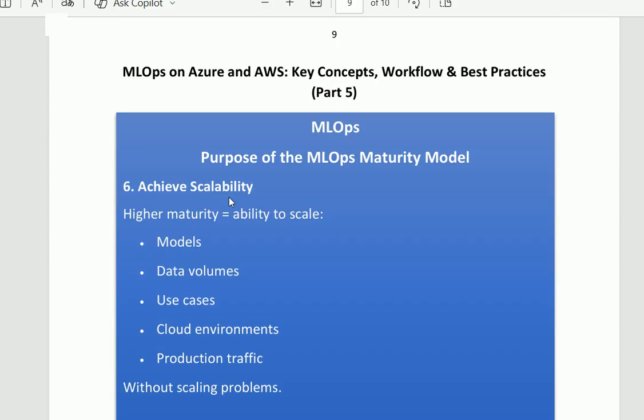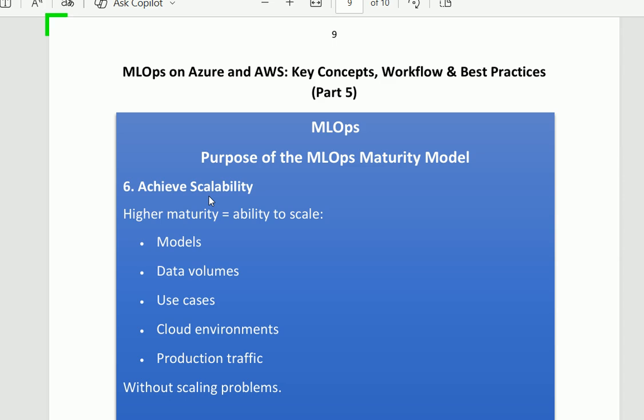The next one is to achieve scalability. We achieve scalability in MLOps when we achieve the maturity model. Higher maturity equals the ability to scale. It means that when we achieve higher steps of maturity, we are closer to automation and scalability.